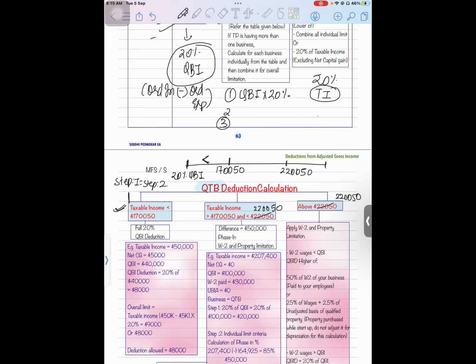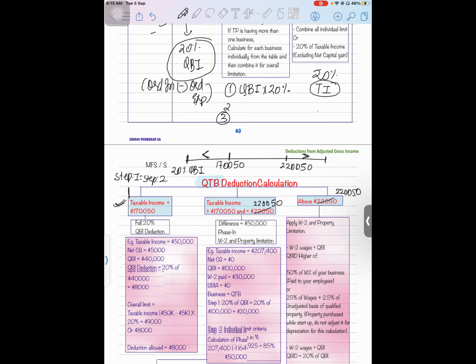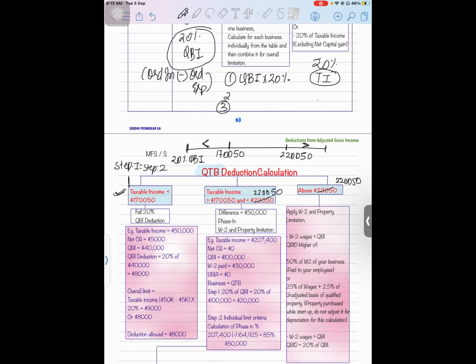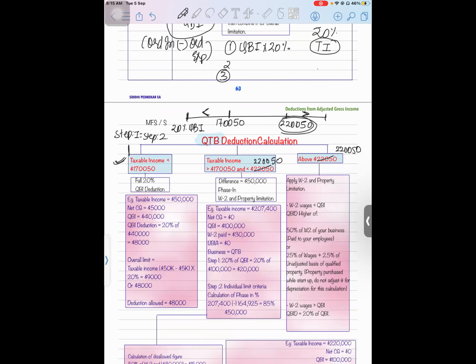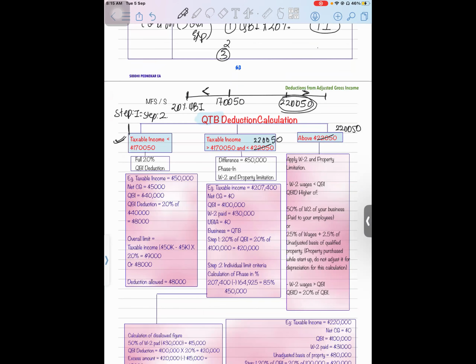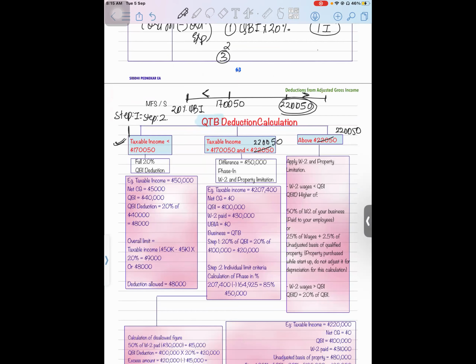In the second, there is a huge calculation. The third scenario is what? If it is more than this upper limit, then you will have to get 3-4 things on hand. Like you should have your QBI, you should have your taxable income. What other thing you'll have is your W2 expense. What is W2?